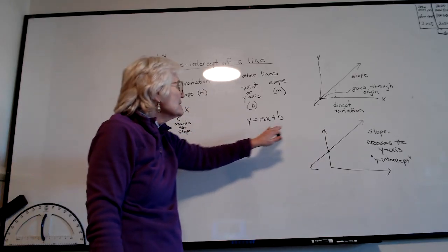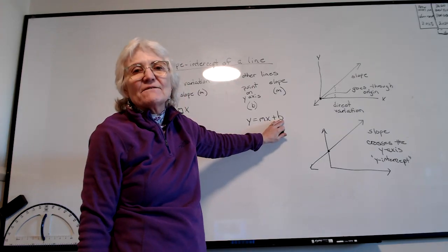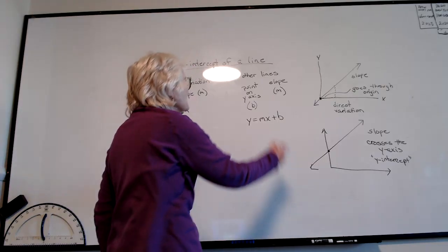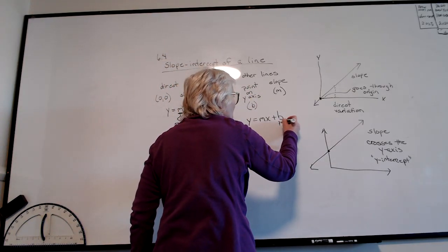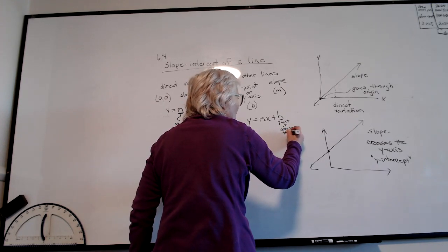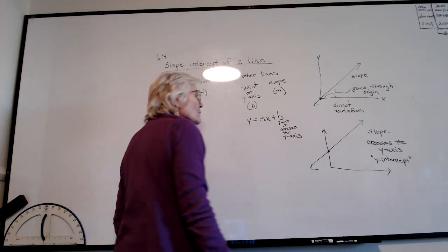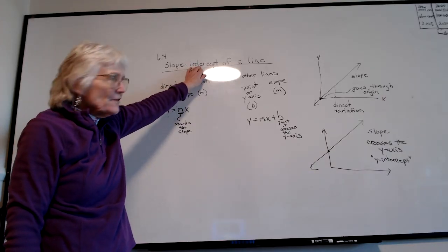If it does, you have a number added that is that value of the y that it crosses. So this B stands for the point it crosses the y-axis, otherwise known as the y-intercept, hence why this is called intercept form.